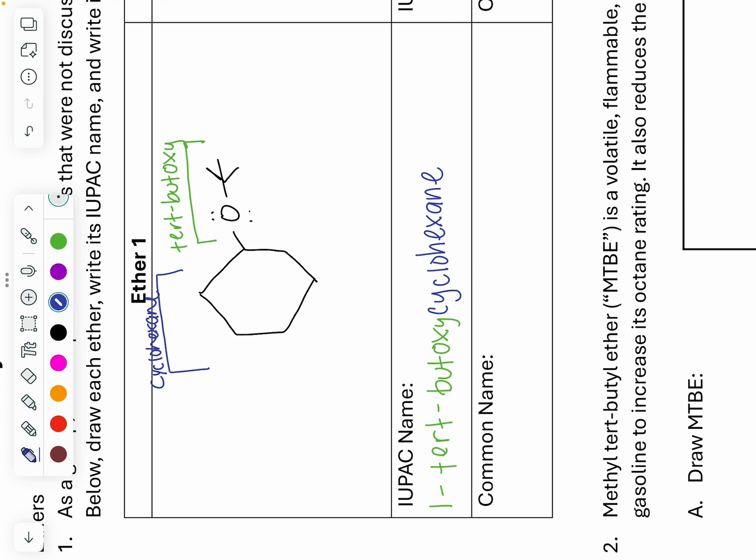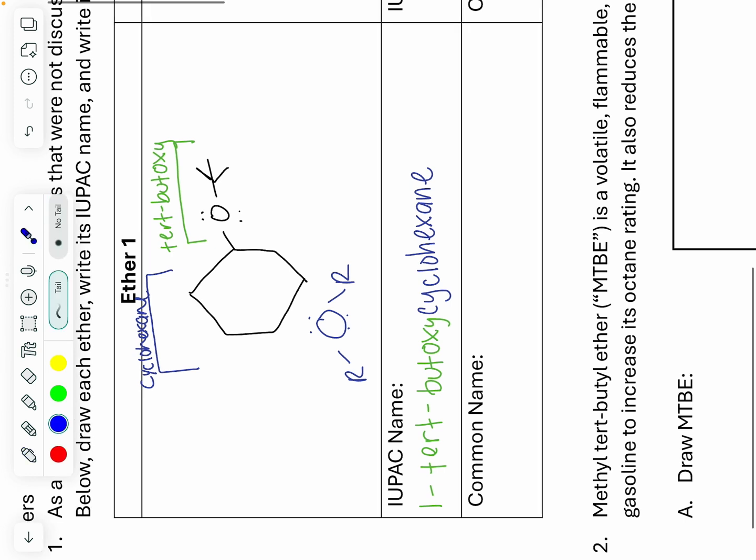Now for the common name, an ether is simply an oxygen bonded to 2 R groups. And when we focus on the ethers, what I like to do is focus on this oxygen and then go off what's bonded to the oxygen to get the ether name.